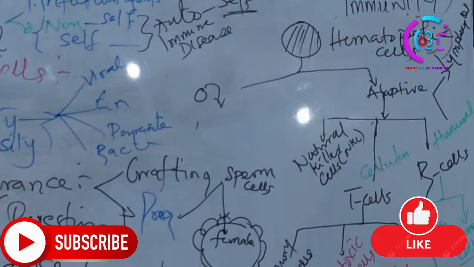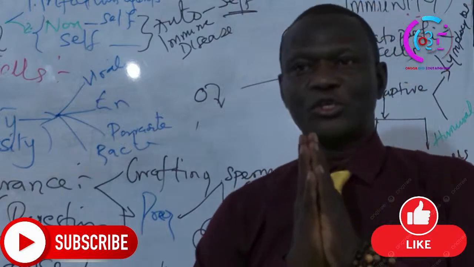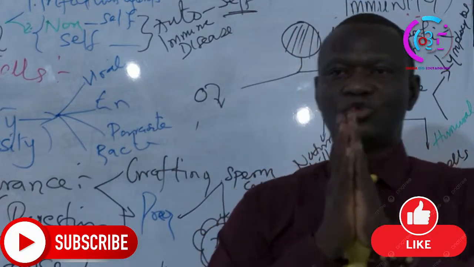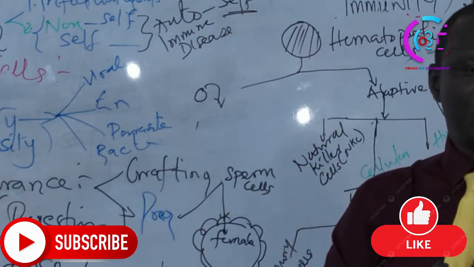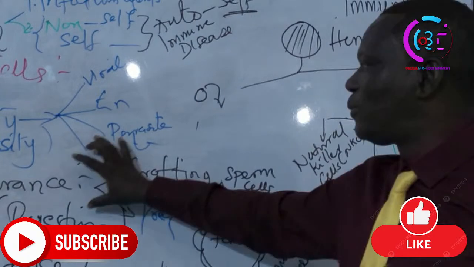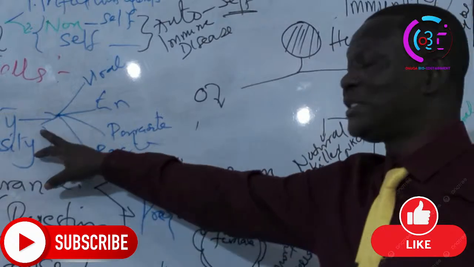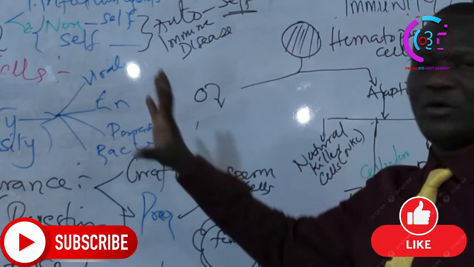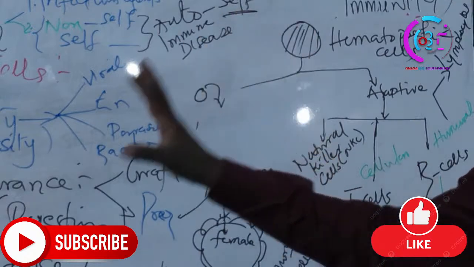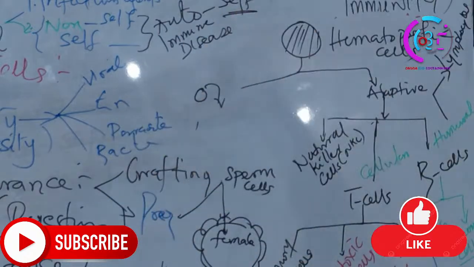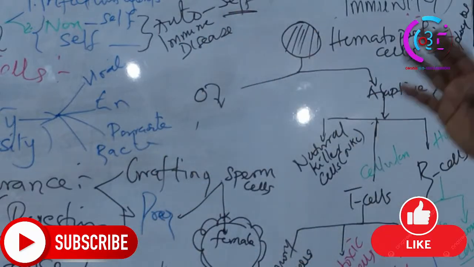Then you need to know that if a host wants to be immunologically competent, that host should be able to put up what? A diverse response, because that is the versatility of the immune system. That is telling you that the host is immunologically competent.